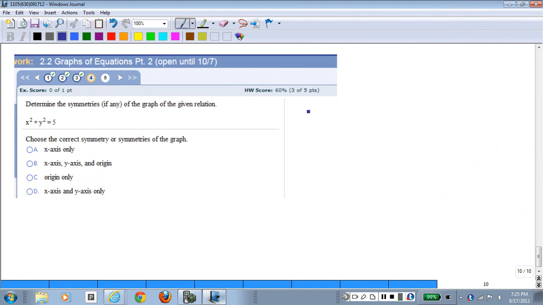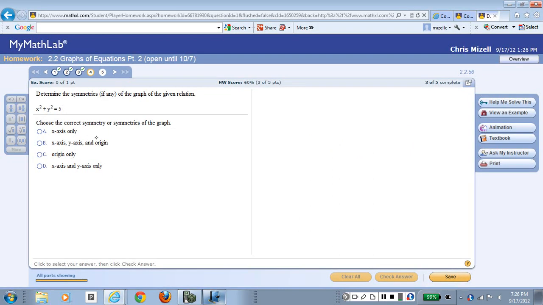But negative x, negative y, here I'm technically testing for origin symmetry, but you can see these act independently of each other. So you'll get x squared plus y squared equals 5, whether you do negatives for both of them or just one of them. So this is going to be all of the above. And what would the graph of that look like?